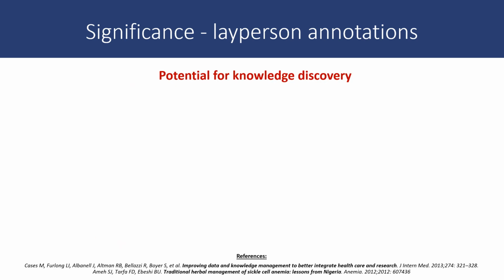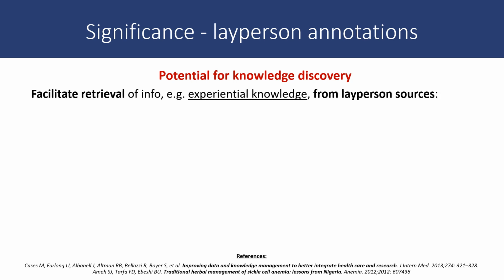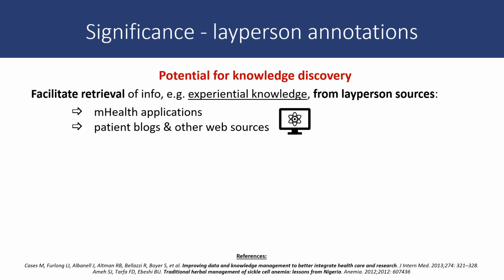The layperson annotations are also potentially useful for knowledge discovery, as they may facilitate the retrieval of information, including experiential knowledge, from layperson sources, such as eHealth applications, but also patient blogs and other web sources.